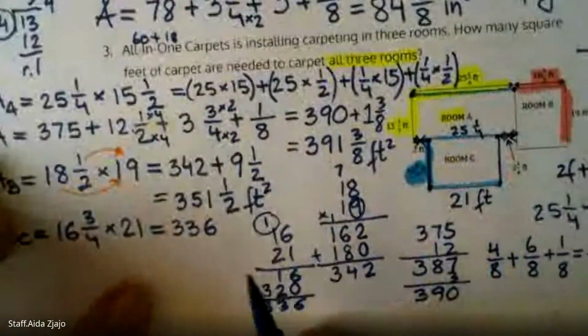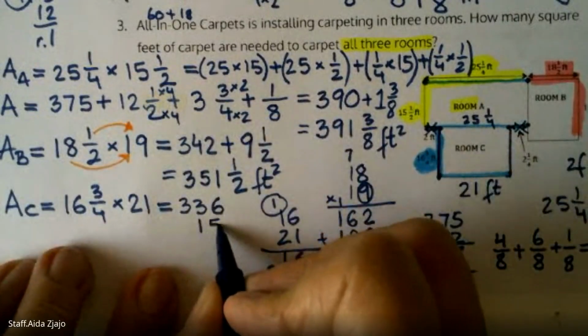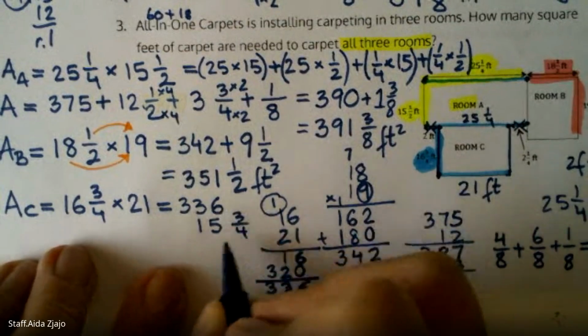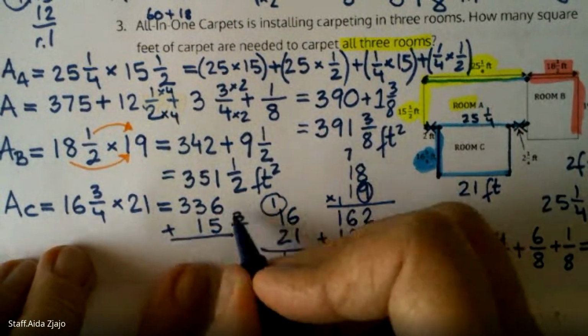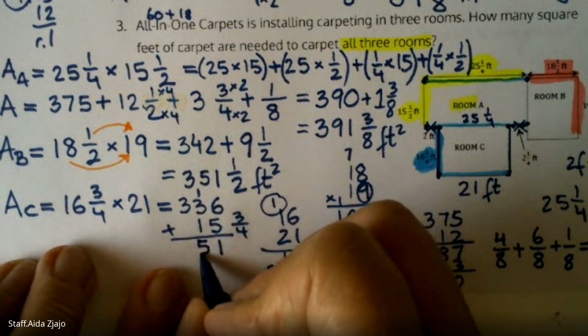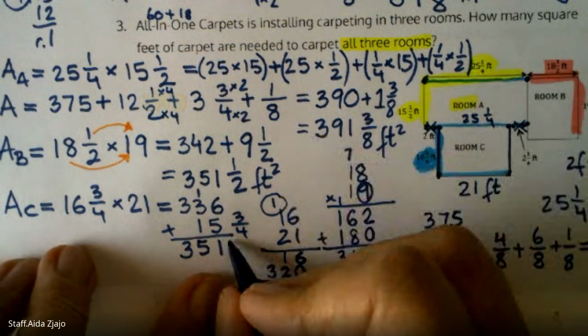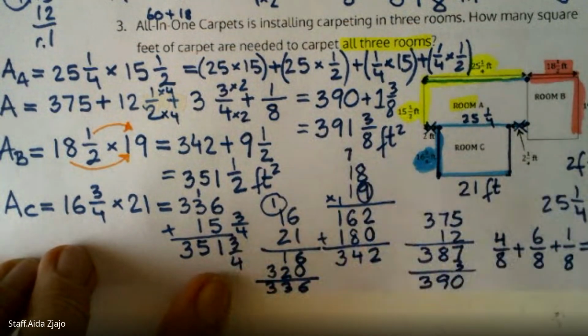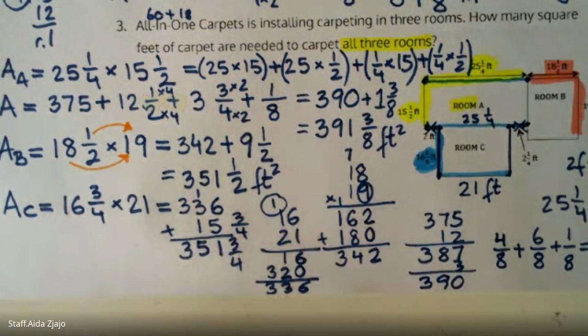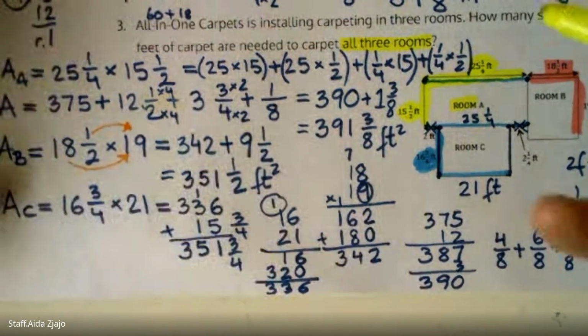So when I go back down, I needed to add to 336 15 3/4. So 6 and 5 is 11. So that is 351 3/4 square feet. That is C. Oh gosh, that's a really lot.